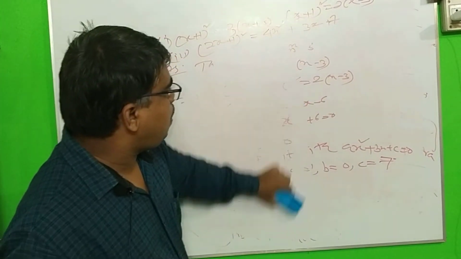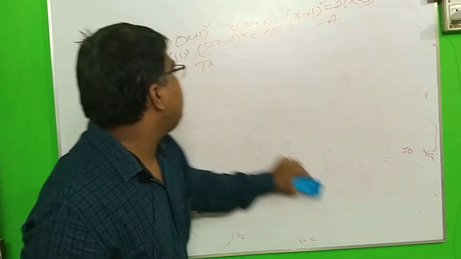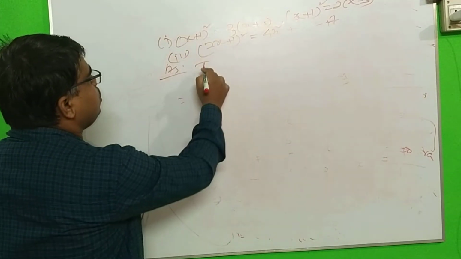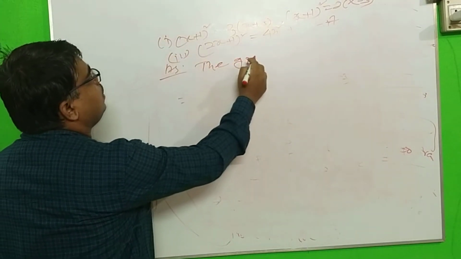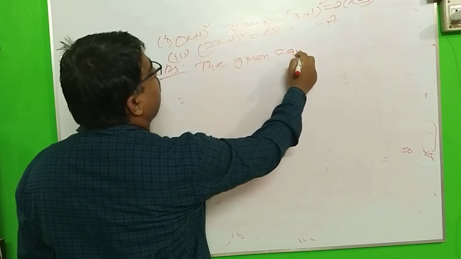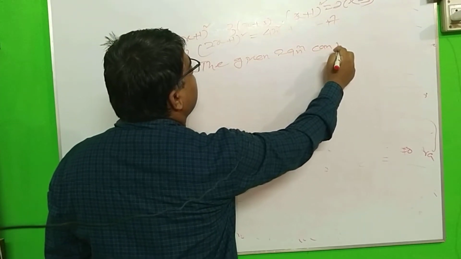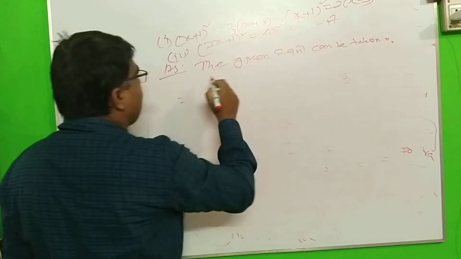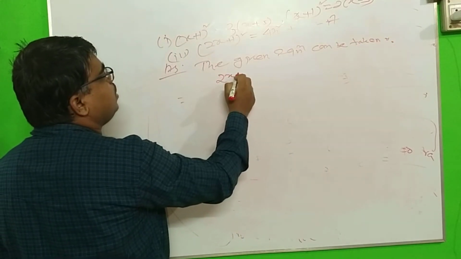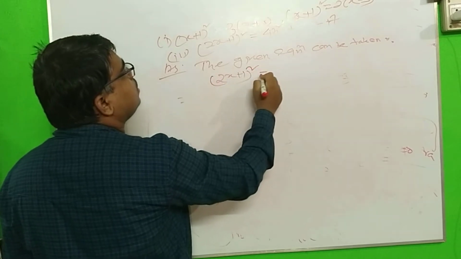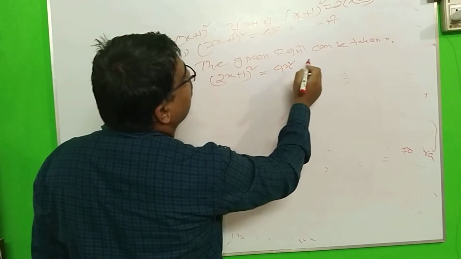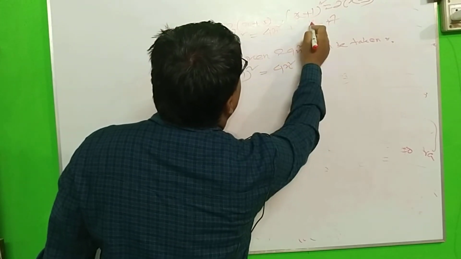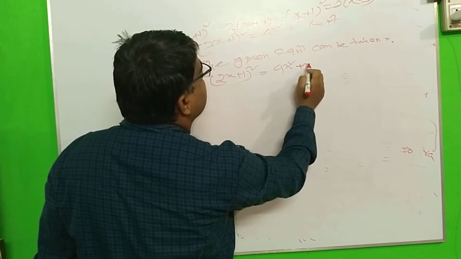The given equation can be taken as 2x plus 1 whole square is equal to 4x square plus x plus 7.